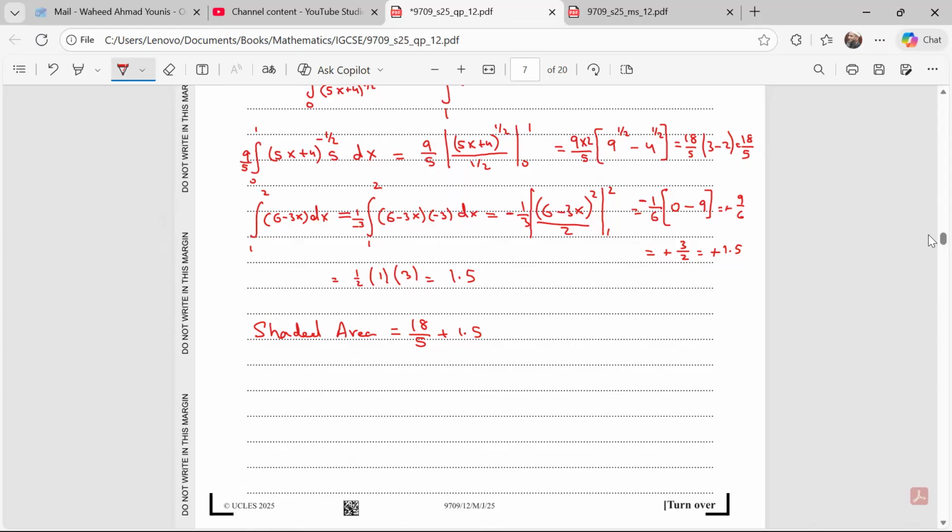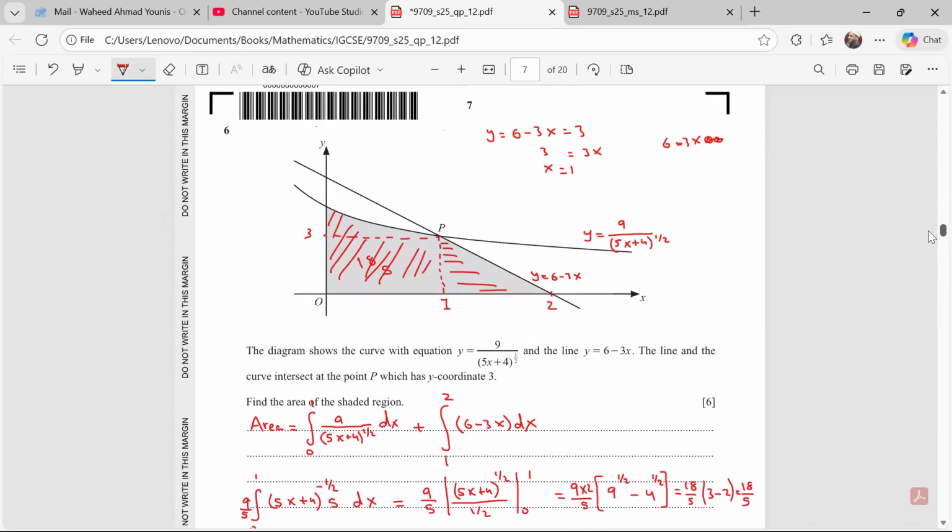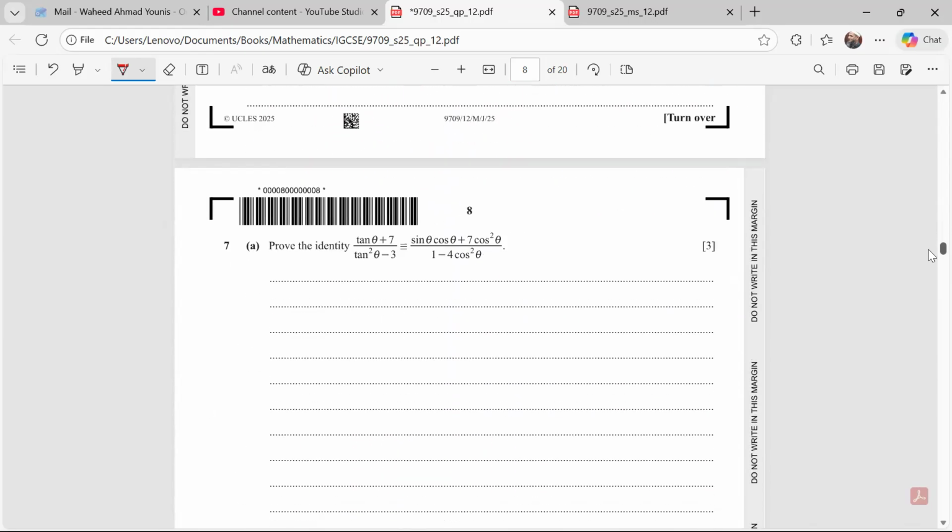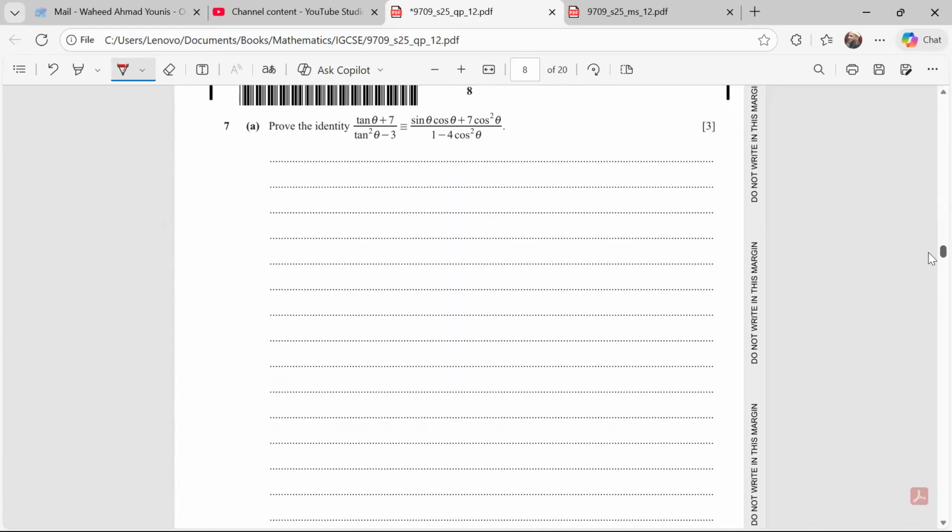Let me calculate it precisely. It is 18 over 5 plus 1.5. So this comes out to be 5.1. This total thing comes out to be 5.1. Okay, so this was question number 6. Okay, let's move on to question number 7 now.